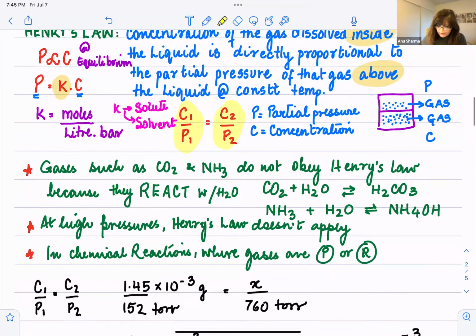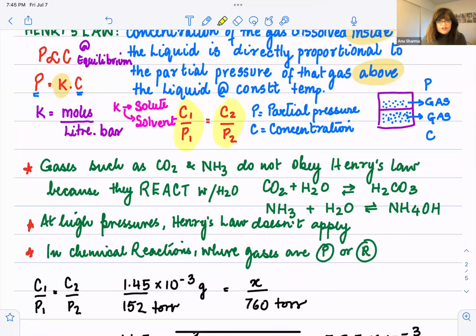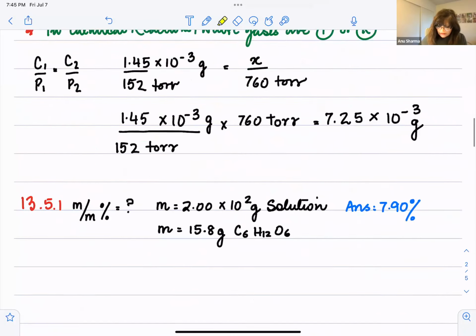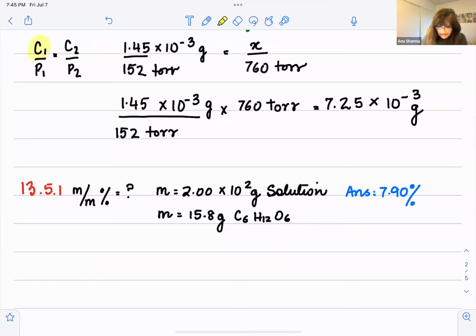C1 is the initial concentration when the pressure is given. So here C1 is 1.45 times 10 to the power minus 3 grams, and the pressure at that time was 152 torr. We are being asked to find the concentration when the pressure becomes 760 torr. When you do that, you get the answer, 7.25 times 10 to the power minus 3.